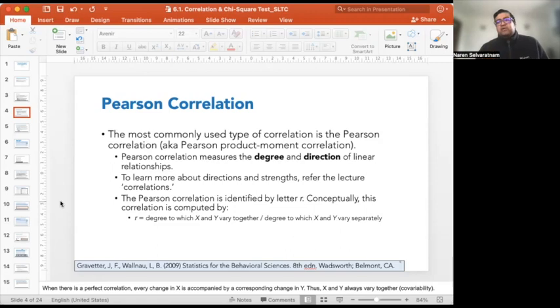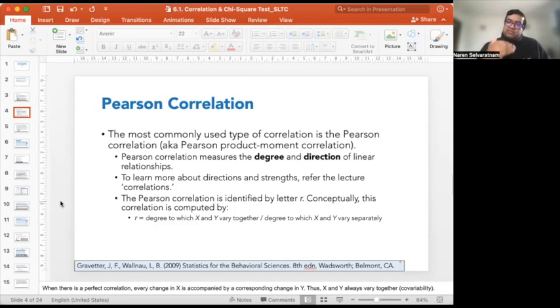Okay. So let's try to understand Pearson correlation. Pearson correlation is one of the most commonly used types of correlations, and we also call this Pearson product moment correlation. Pearson correlation helps you to measure the degree of correlation. It generates a correlation coefficient, denoted by simple r. For example, r equal to 0.80 means it's a strong positive correlation.